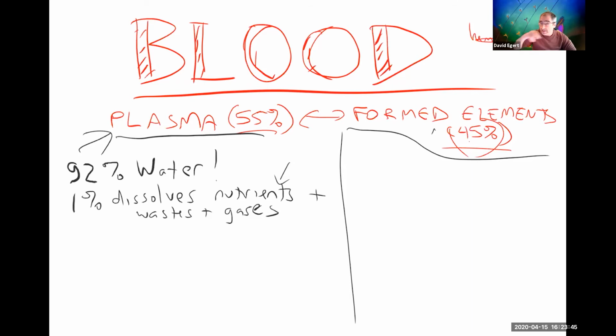We'll see oxygen doesn't really dissolve well in the plasma, but carbon dioxide does. When we talk about the transport of carbon dioxide, about 10% of it is just dissolved in your plasma, kind of like soda water. Exactly like soda water. So 1% dissolved nutrients and waste, but then that's going to leave us with 7% plasma proteins.